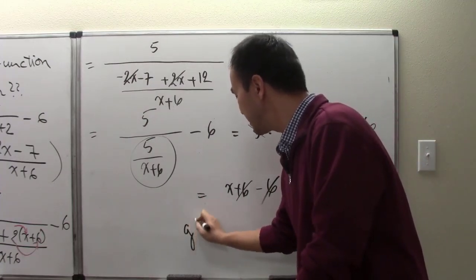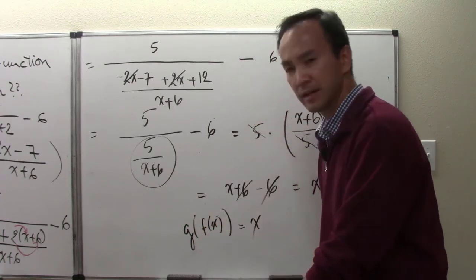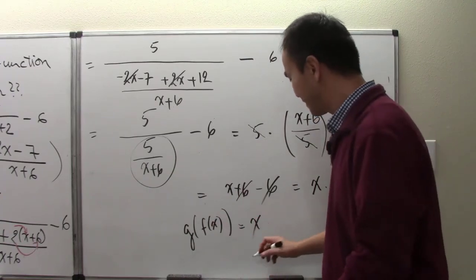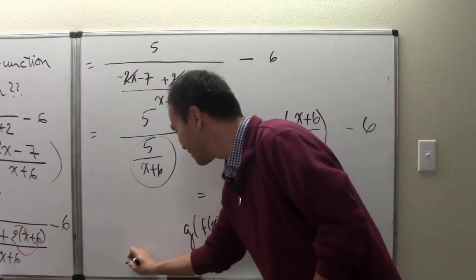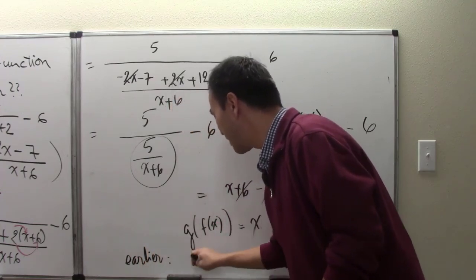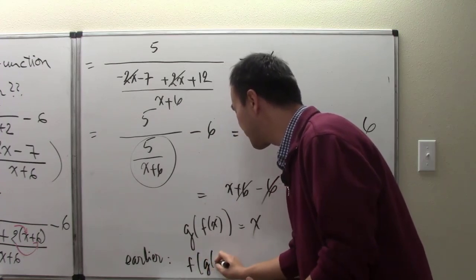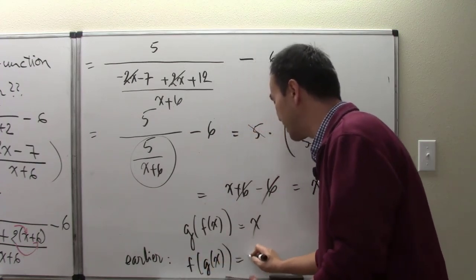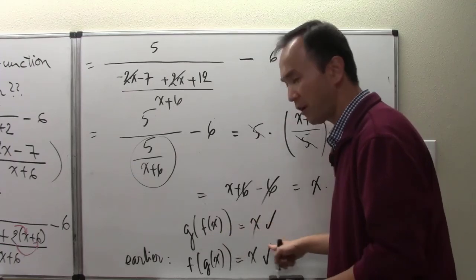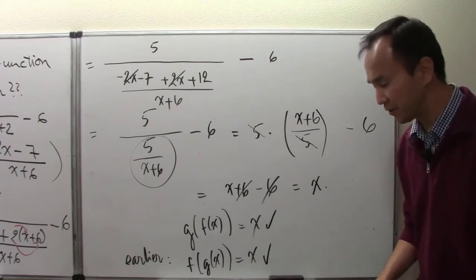So g of f is also equal to x. So this means we have found, and earlier we found f of g already equals x, and now just now we found g of f also equals x. So now we are ready for making our final conclusion.